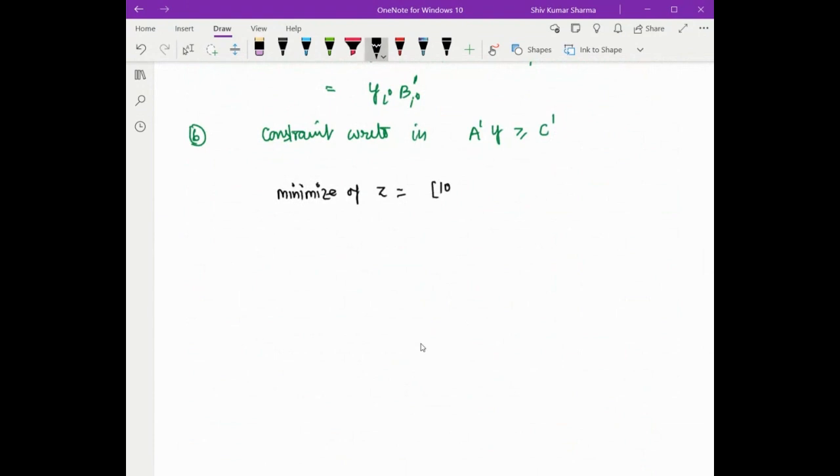So this is the cost, 10 and 15. We write it in matrix form, that means a matrix of 1 by 2 order, and x1 and x2, 10x1 plus 15x2, and subject to constraints.